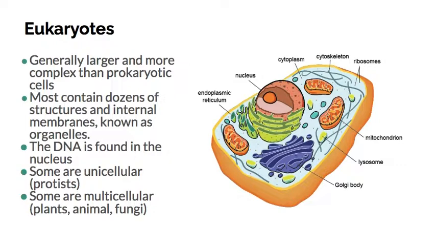Eukaryotes are generally larger and more complex than prokaryotic cells. Most contain dozens of internal structures and membranes known as organelles. The DNA is found in the nucleus. And eukaryotes, some are unicellular, okay, protists are unicellular and they're considered eukaryotes, and some are multicellular, so plants, animals, and fungi.